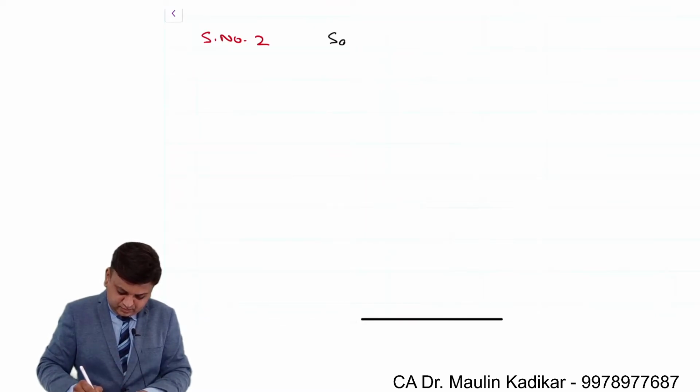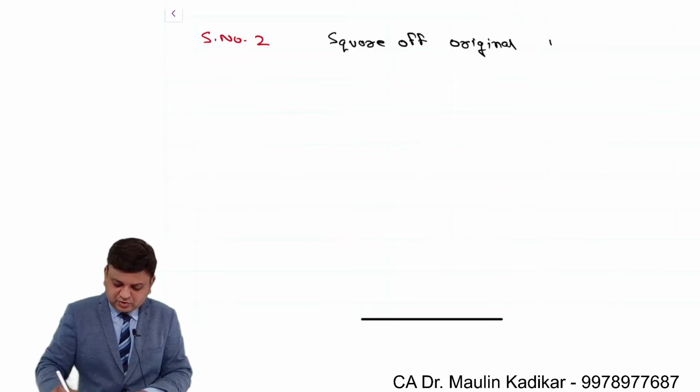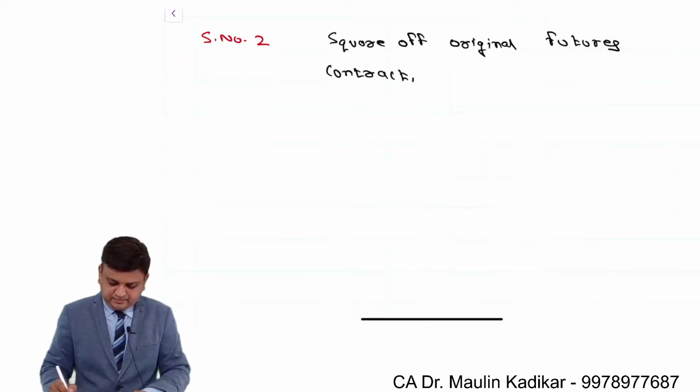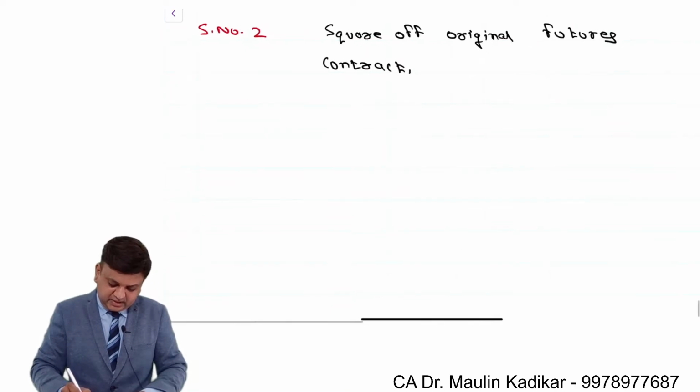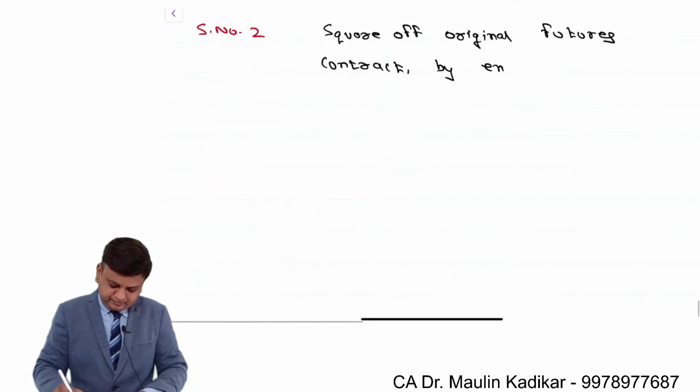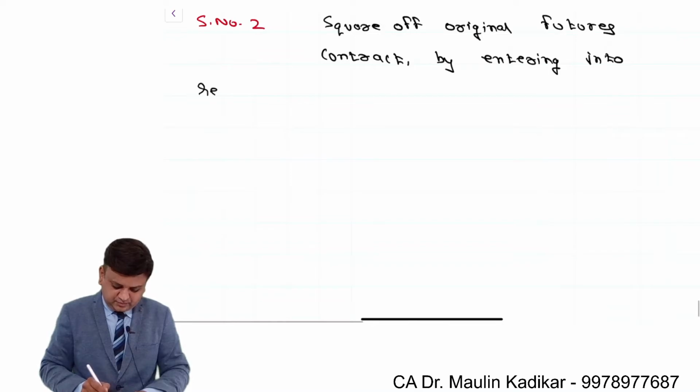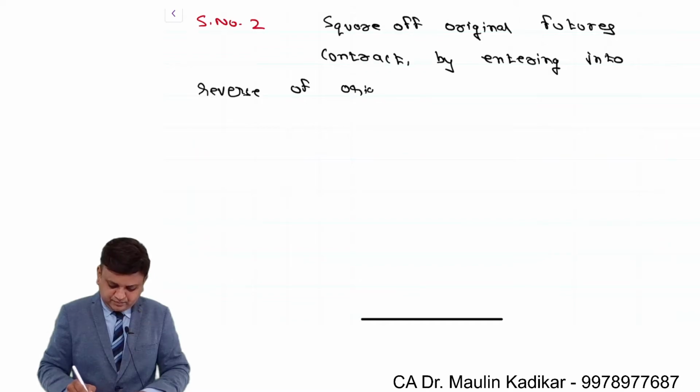Square off original futures contract, by entering into reverse of original futures contract.